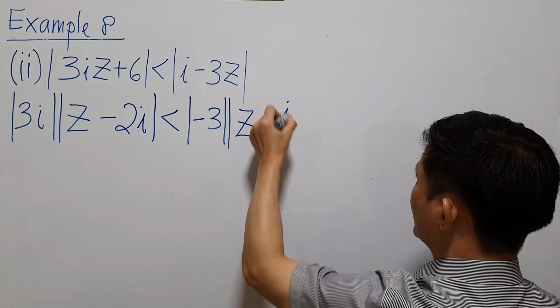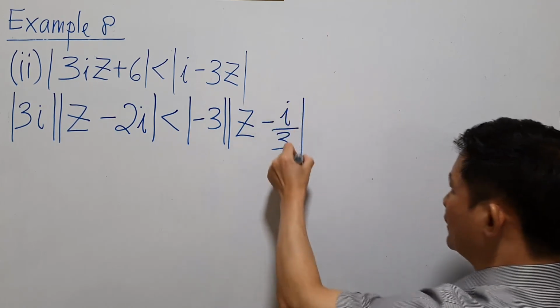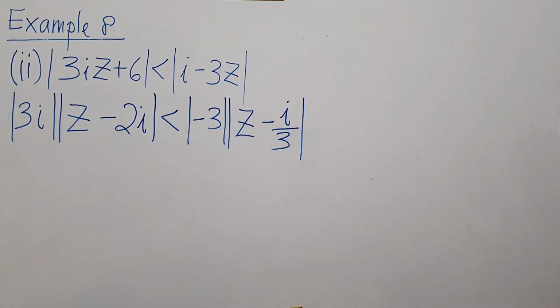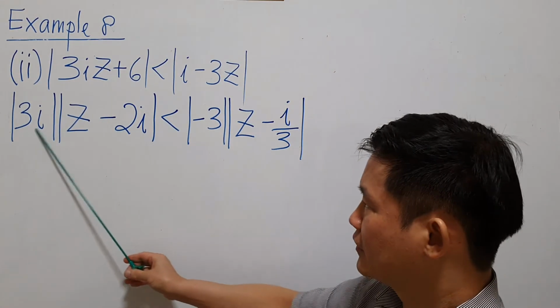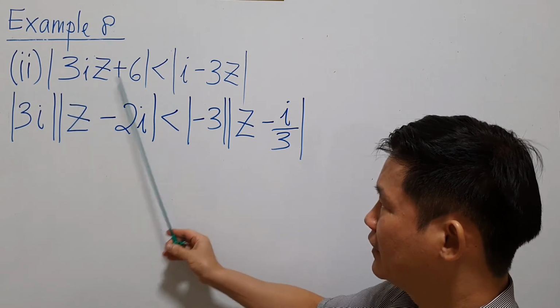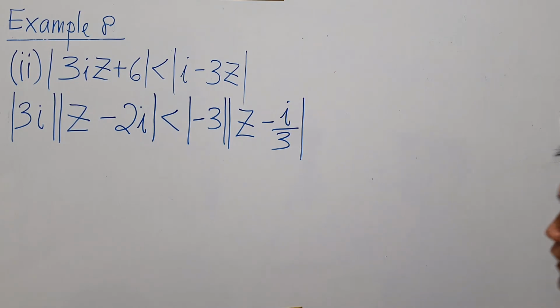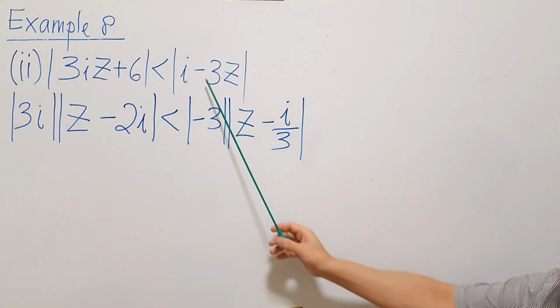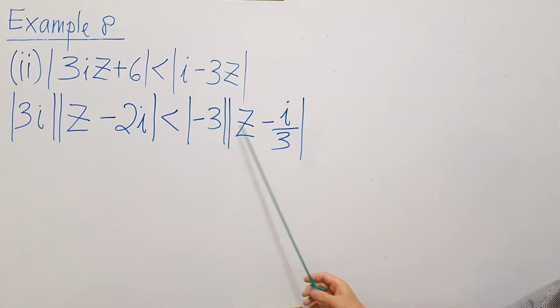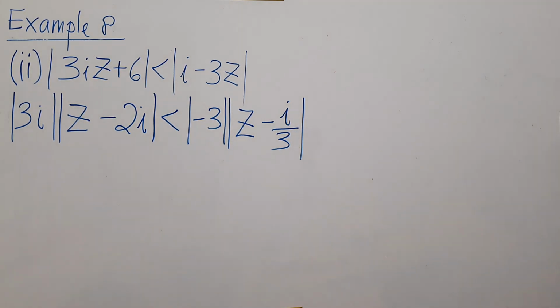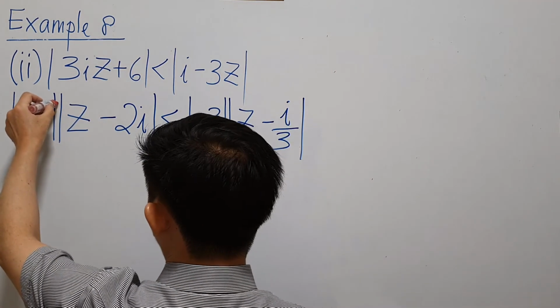minus i over 3. How do you judge if you are right in the arithmetic? You take this times z, you get the first term. You take this times this one, you get back 6. Likewise, you take this times this, it is your minus 3z. You take this times this, you get your plus i. So I am correct. Now at this stage, you can do a cancellation.